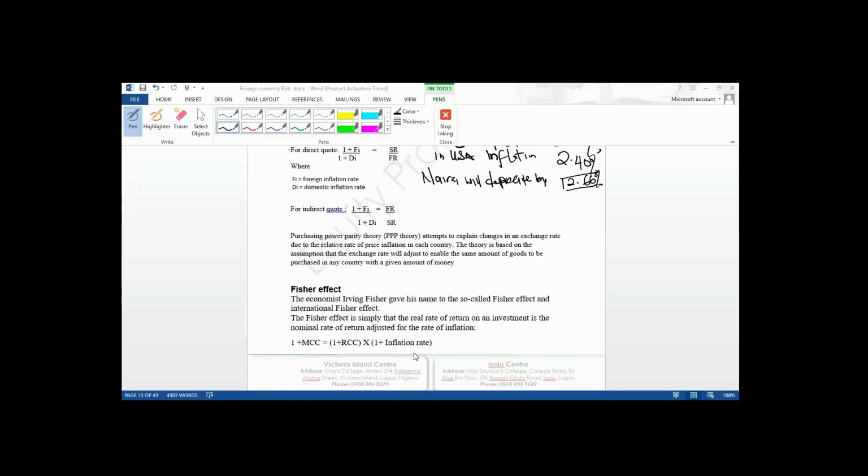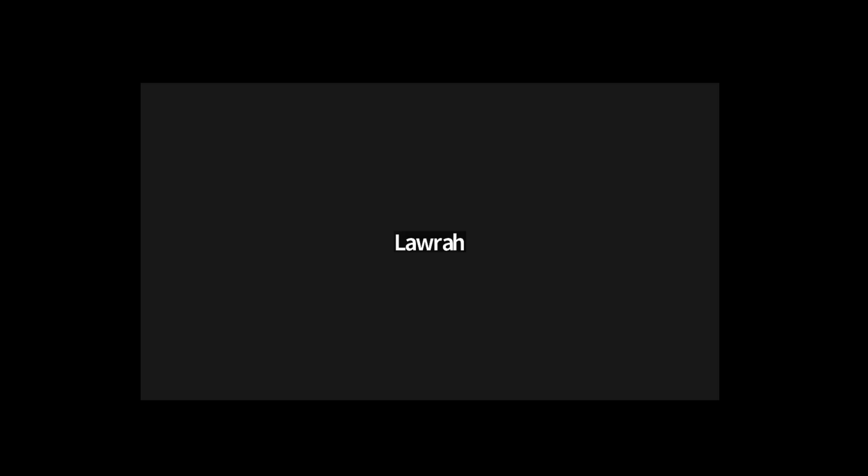And if interest rates are the same, then the value of currency will be the same. What can we do? We can only just hope that it gets better.